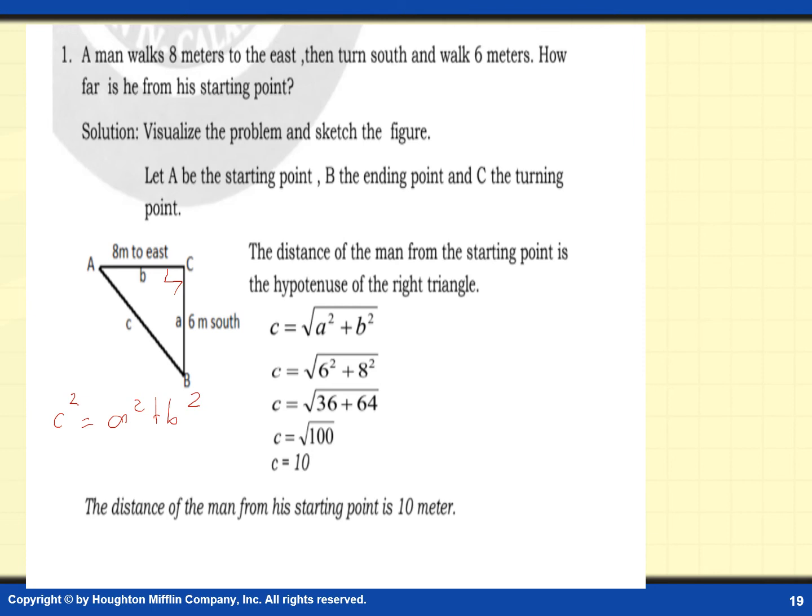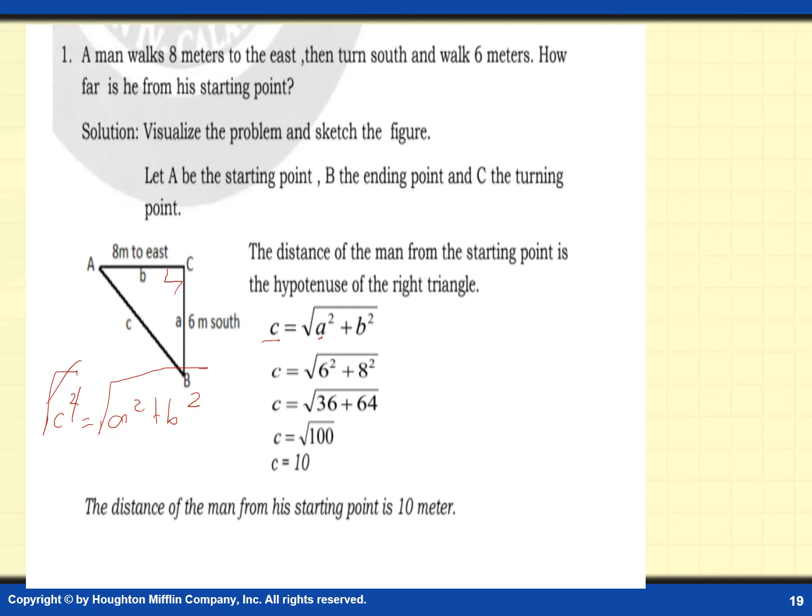Since there is a square root, we simplify right away by extracting the square root, because what we are looking for is C, which is the longest side of the right triangle, the hypotenuse. So, C is equal to the square root of a squared plus b squared. Substitute: let A be the smaller one, that is 6, and B the bigger one, that is 8.